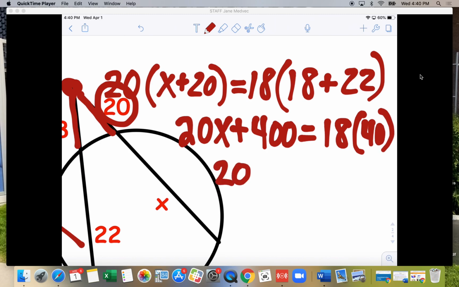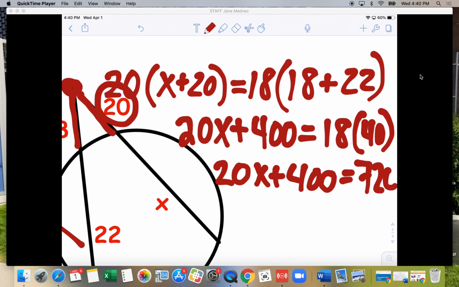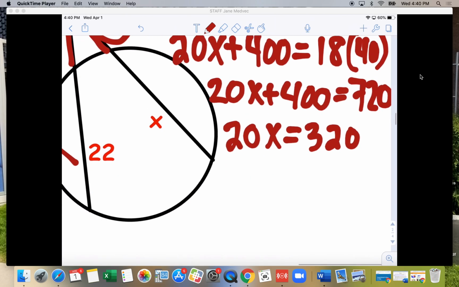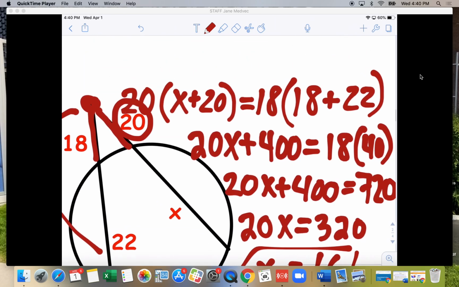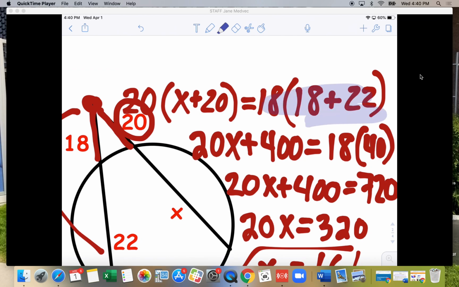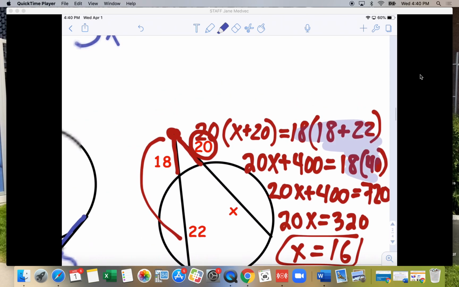I got 20x plus 400 equals 720. 20x equals 320. Divide by 20, I'm going to get x gives me 16. And again, if you wanted to distribute that, you definitely could. I chose to bring that together in the parentheses and then multiply.